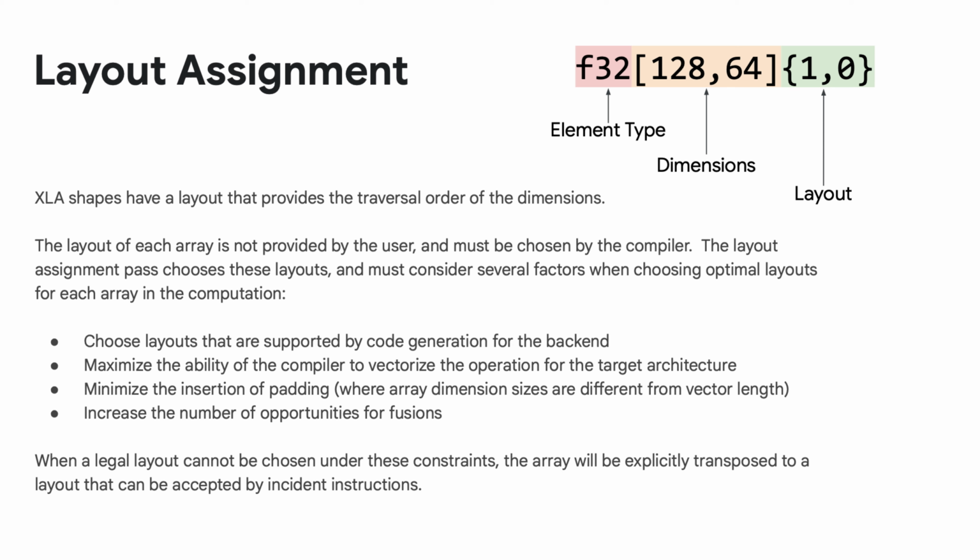So you always want to keep your data in memory in a way that will allow your hardware to read data linearly, because reading with a stride can be 10 times slower on all backends. And also, not all codegen strategies support all layouts.